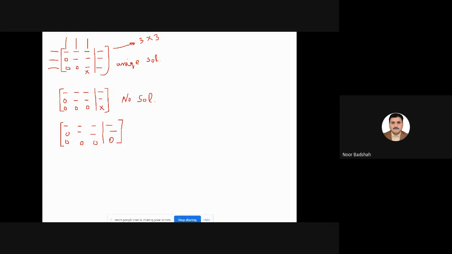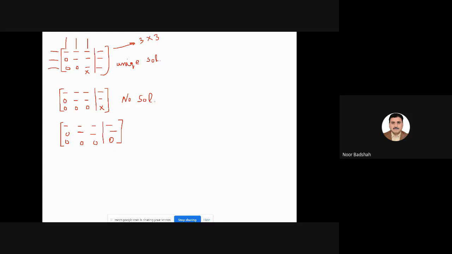Now what do we do? We go to the second row then, because the last row is gone. It means there is no third equation. We are having three variables while we are having two equations, because this equation is gone. 0 is equal to 0, so that's gone. Now we look into this one.